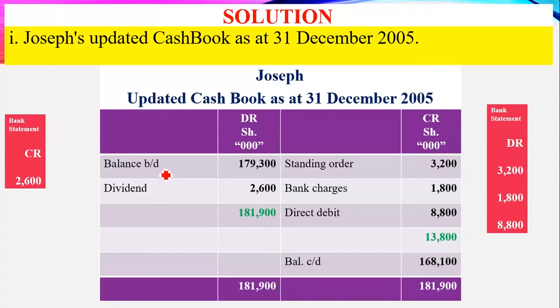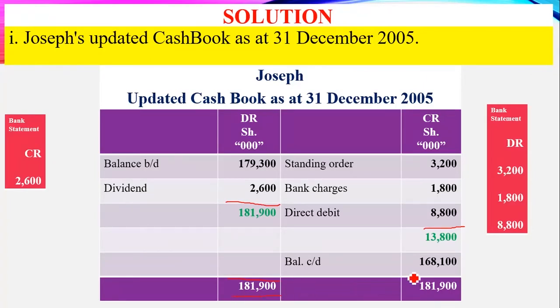So to update our cash book, we are going to include, this will be 179,300 plus 2,600 will give you 181,900. Then on the credit side, we have 3,200 plus 1,800 plus 8,800 to give you 13,800. Then to balance this account, we need to check the side that is lesser. This side is lesser, 13,800. This is 181,900. So the total figure here will be 181,900.